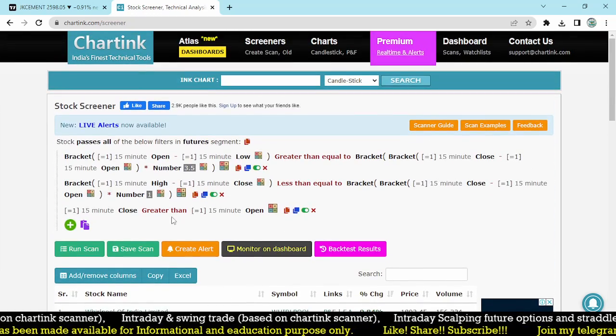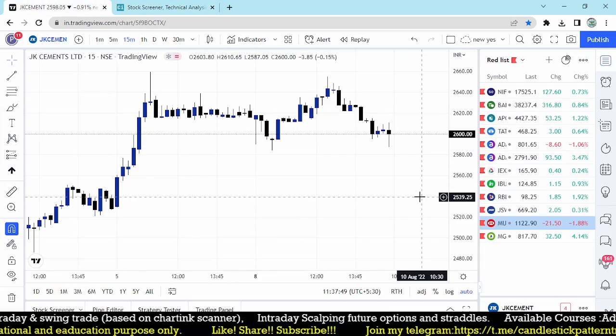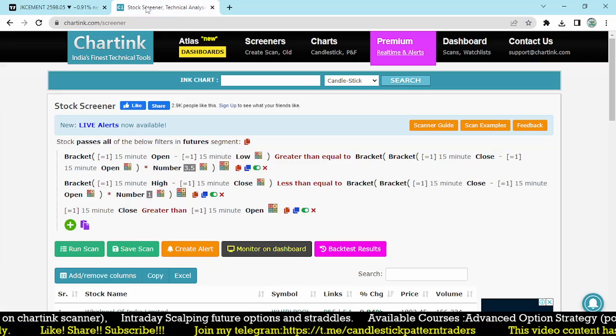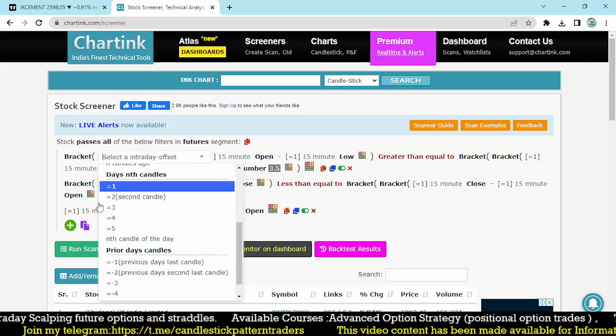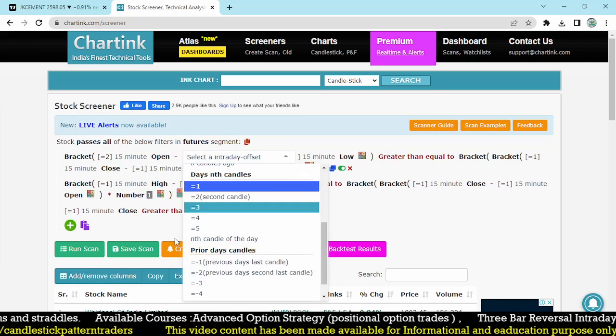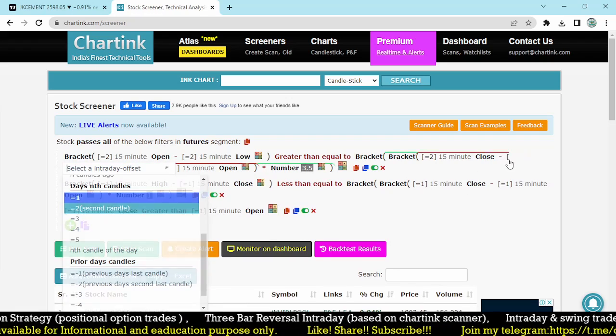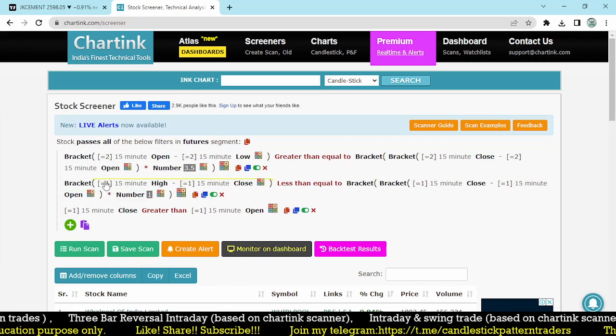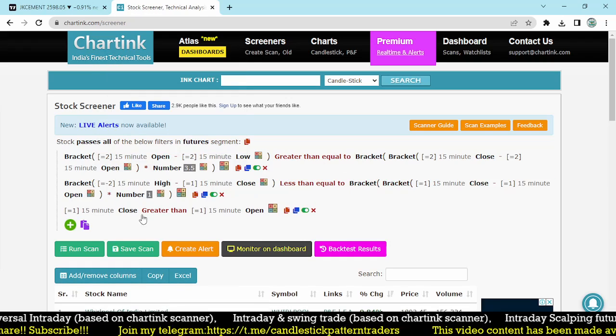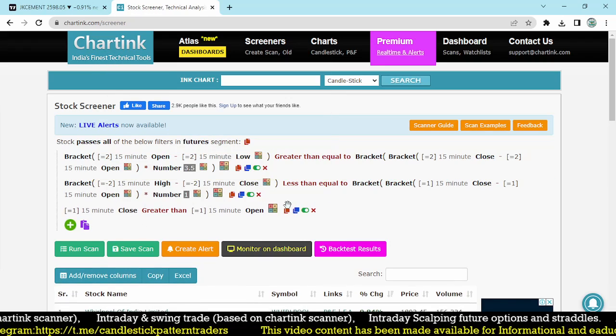And another. If you want to check that the second candle of the day should be a hammer, let me find out. For the second candle, you have to change the equal to 1 to equal to 2. Let me do it now.